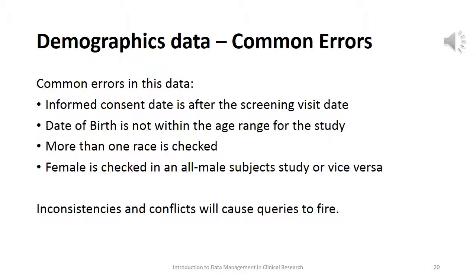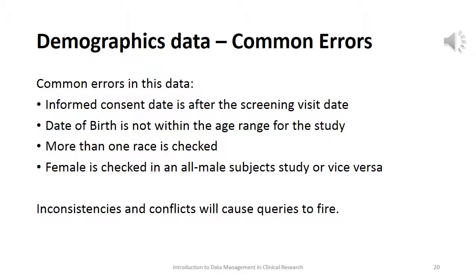Some of the errors that we might see on a demographics page might include the informed consent date being after the screening visit date. Maybe they entered the dates wrong. We might want to clarify that to be sure that some protocol violation didn't occur. Date of birth is not within the range for the study. So maybe our study has a certain age range and they entered the date of birth wrong, so that it identifies the person as being outside of that range.